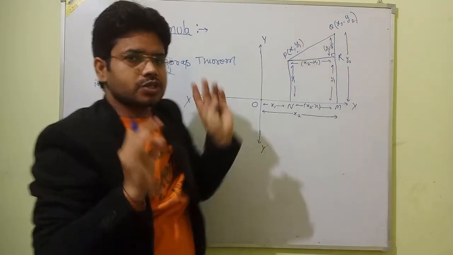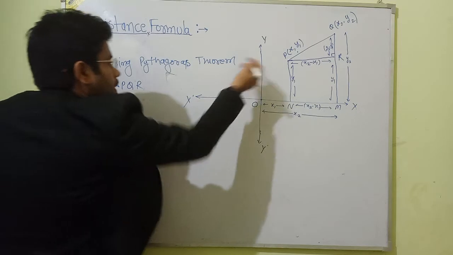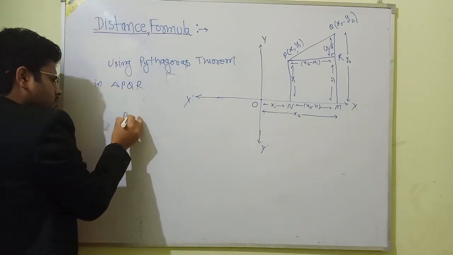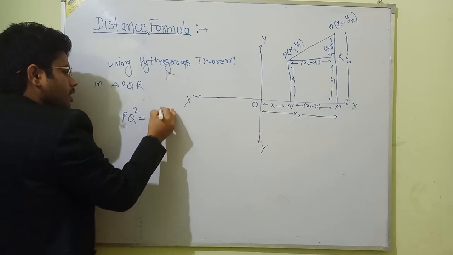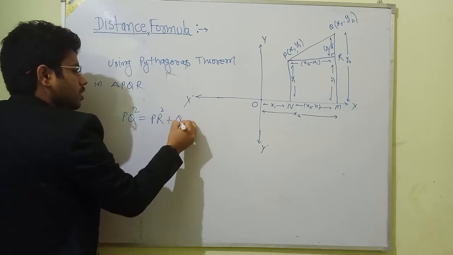This is by the Pythagoras theorem. So we can write PQ square is equal to PR square plus QR square.